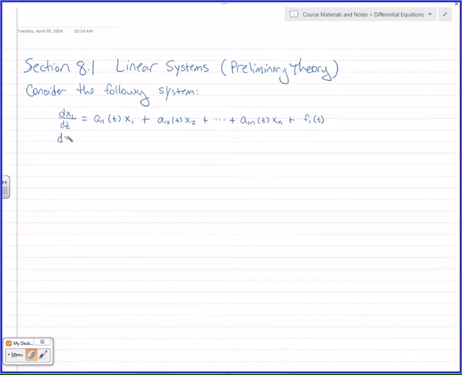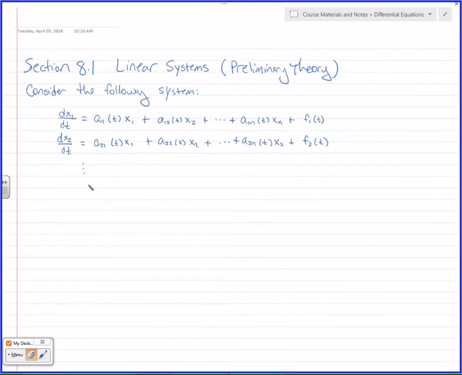And then you've got dx2 dt, following the same pattern, but now A21 of t x1 plus A22 of t x2 plus dot dot dot plus A2n of t xn plus f2 of t.